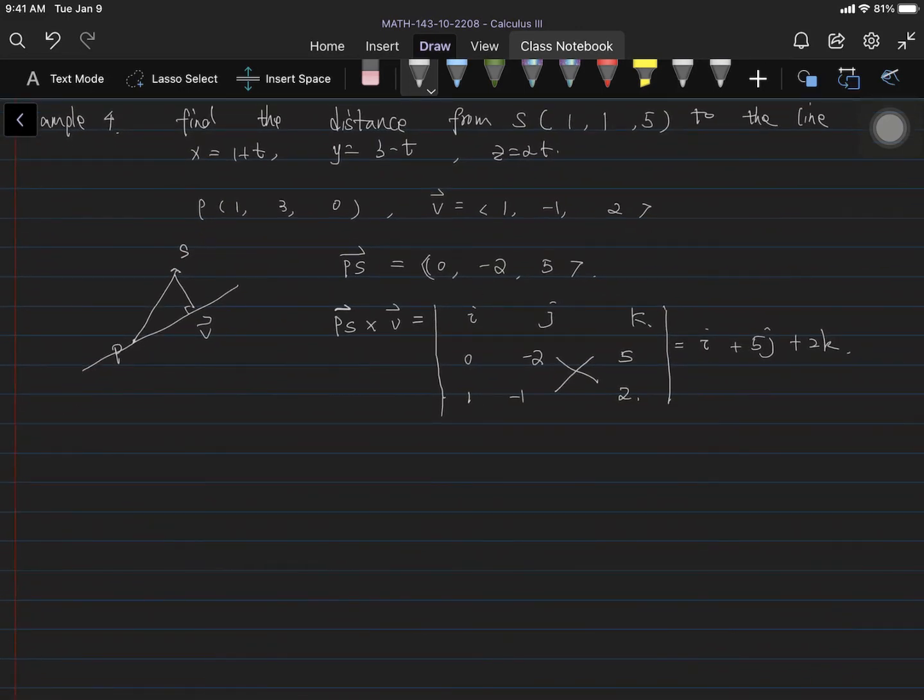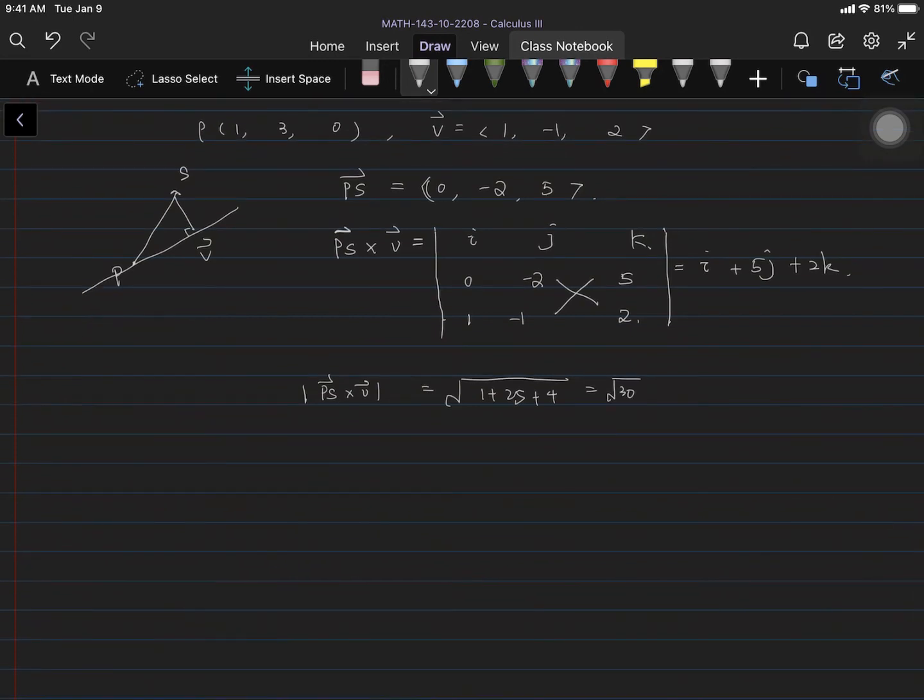For the distance, what do we need? We need the length of this vector. The length of that one is the square root of 1 plus 25 plus 4, so it is root 30.